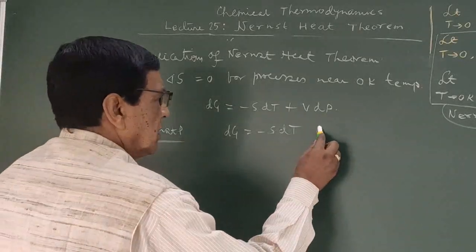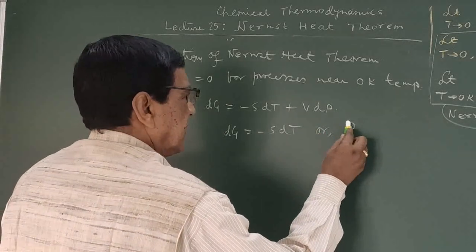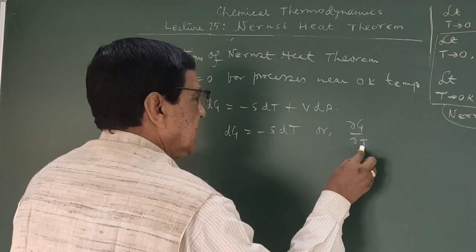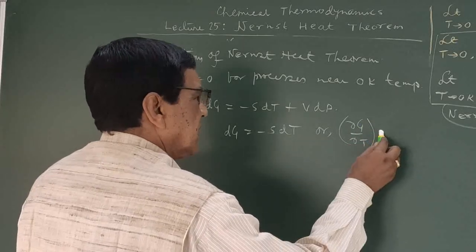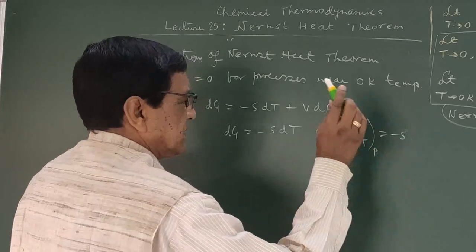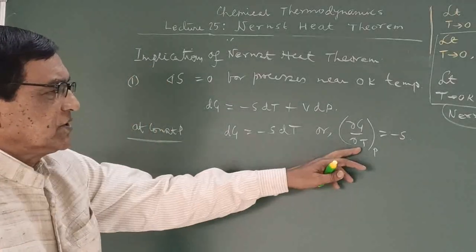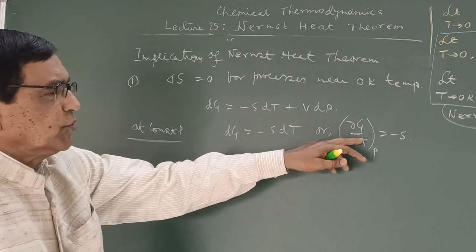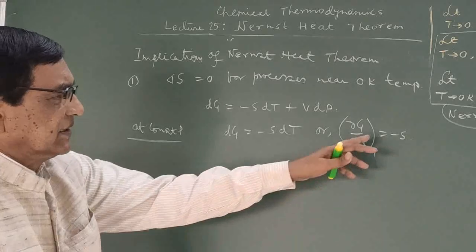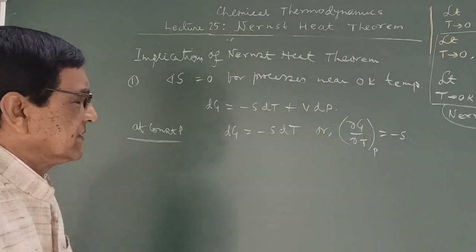So we can write del G by del T at constant pressure equal to minus S. This is the isobaric temperature coefficient of the free energy, and it is equal to minus S.